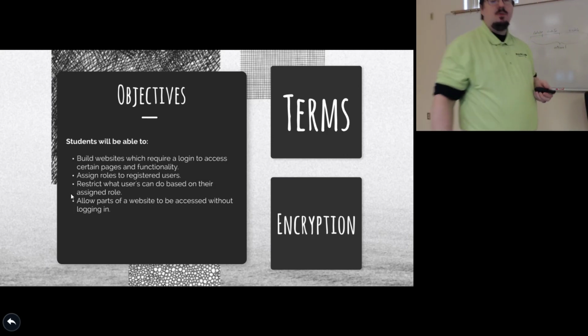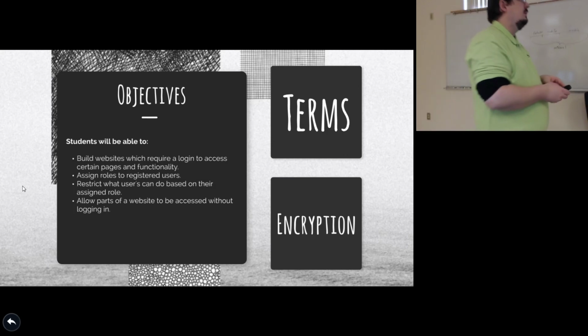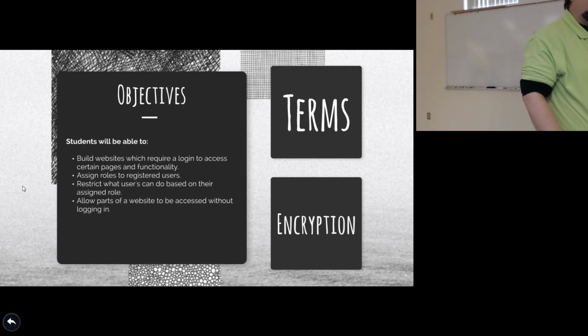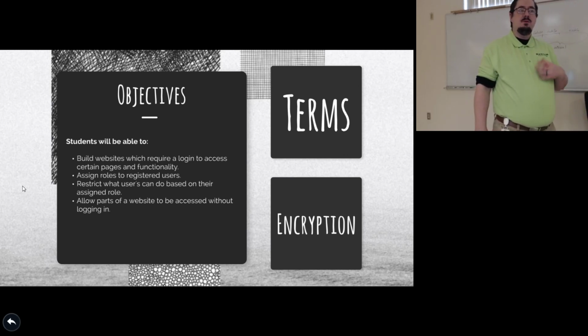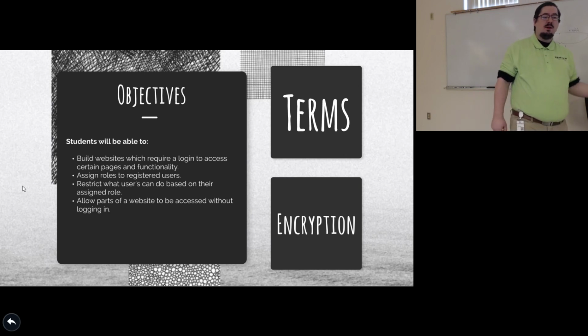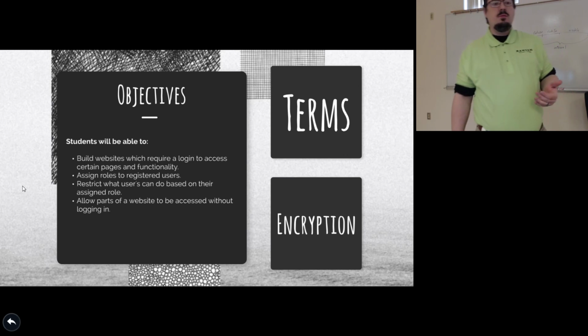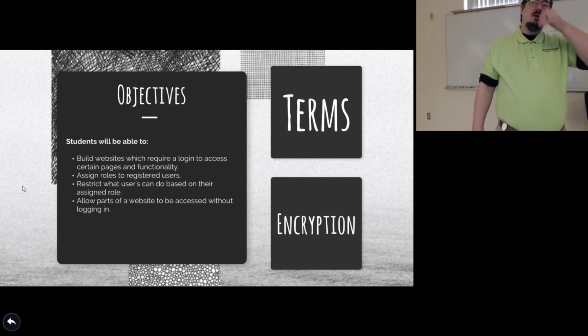So objectives for what we want to hit on today. We want to get you to a point where you can build websites that require login to access certain functionality. We've already done some of that with forms authentication, but we want to do that now with what's called Identity Framework, which is a newer system that Microsoft has built for doing logins and accounts. We'll also look at assigning roles to registered users so that different users can have different permissions.